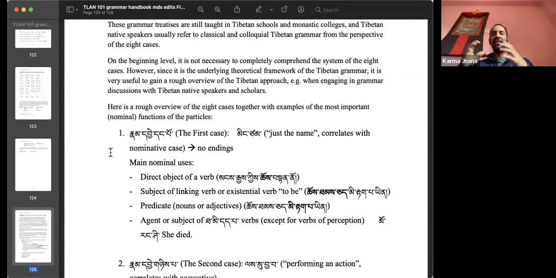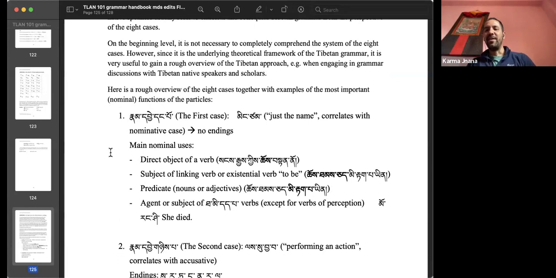Every time she translates, she's conceptualizing her translation in terms of the eight grammar cases. I also aspire to do that. I haven't actually sat down and memorized them yet. In all honesty, my way of translating is a little bit more intuitive. Of course, we need the technicalities that we have learned, but in the case, for example, of Karma Lasum, I know she's very much intuitive. She does not use this at all, but her translations are accurate.